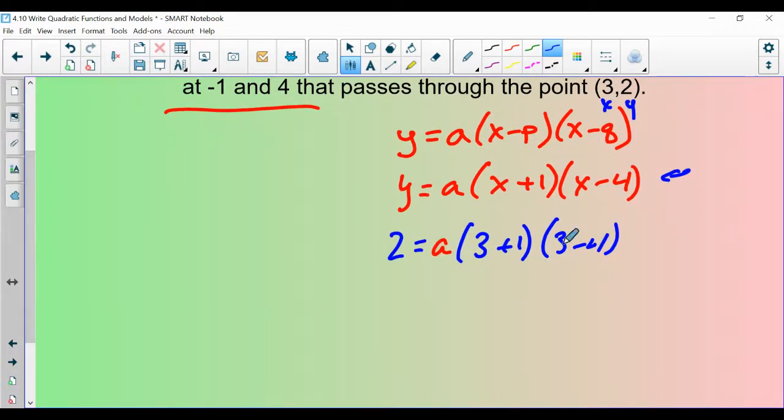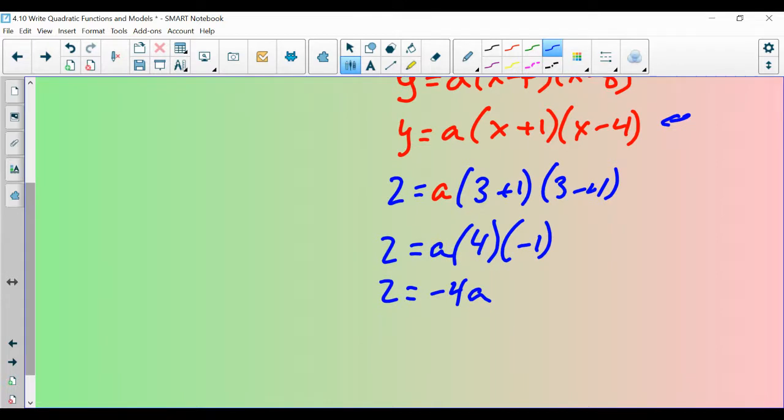We should be able to solve for a. First, 3 plus 1 is 4, and 3 minus 4 is negative 1. So 2 is equal to, multiplying these would give you negative 4, so negative 4 times a. We always like to put the number in front if we can. Divide both sides by negative 4, and you're going to find out that a is equal to negative 1/2.